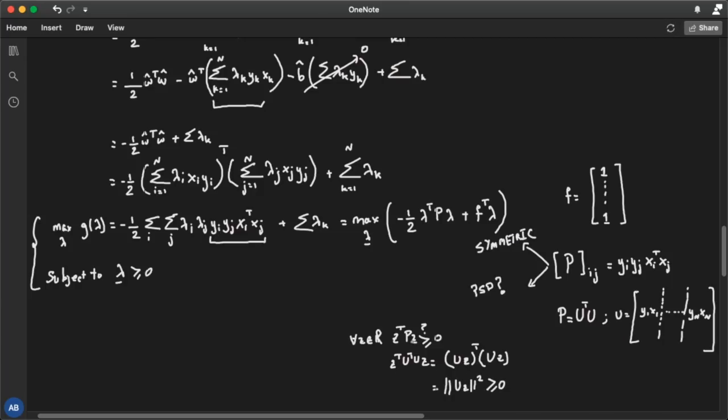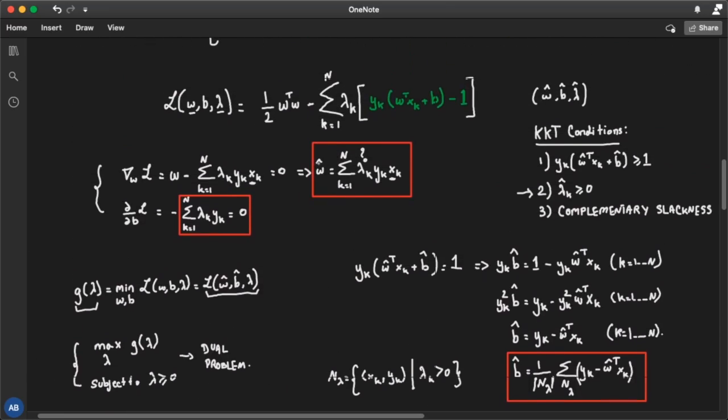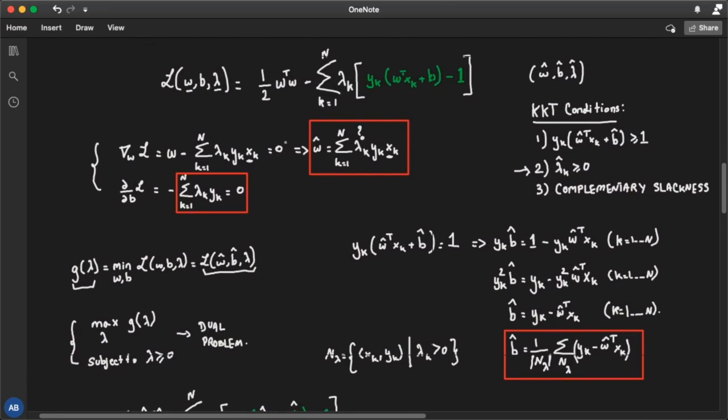So for any Z, Z transpose PZ is non-negative, and hence P is positive semi-definite. Hence this problem is a quadratic and convex optimization problem, which you can easily solve. You can easily write down the Lagrangian function of this problem and solve it using the same recipes that we presented over here.